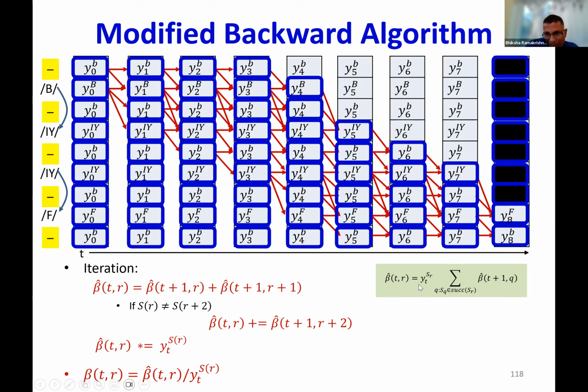And then to that, you would multiply the node probability itself to get the beta hat for the node. Now, these are beta hats, meaning they include the node probabilities. You have to divide by the node probability to get rid of it, because we know that the betas must not have the node probability included.